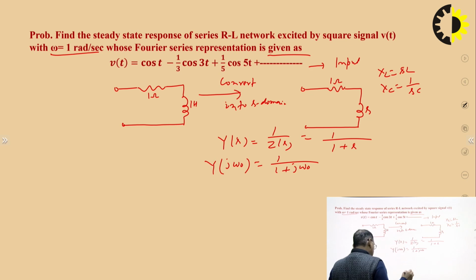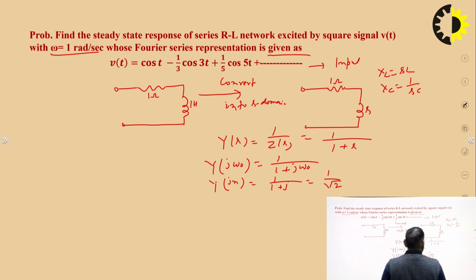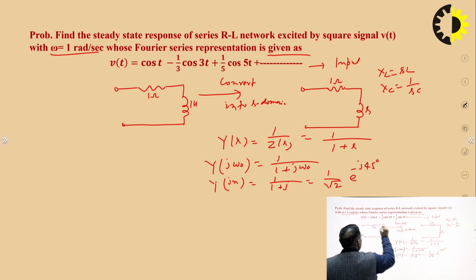Now Y(jn), for n equal to 1, is 1 by 1 plus j, so the magnitude is 1 by root 2, and the phase is e to the power minus j 45 degrees.